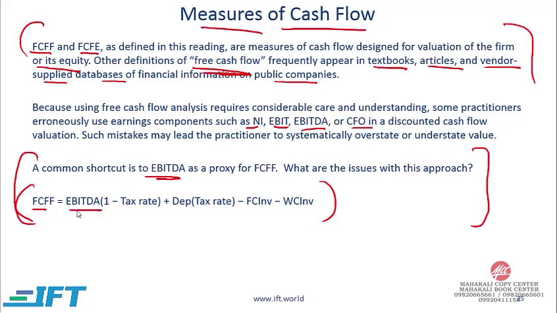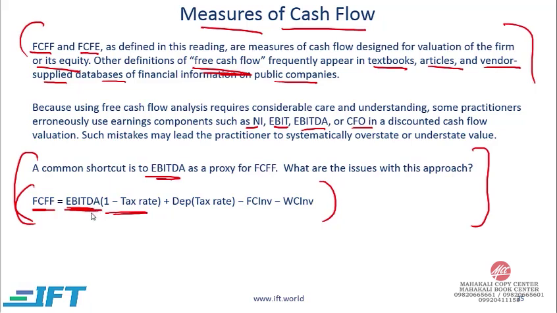So if you are saying that EBITDA is a proxy or an approximation of FCFF, what are the areas that you are missing? Note that EBITDA does not subtract taxes. When you think of FCFF, is that money before taxes or after taxes? It's after taxes, because the shareholders and the bondholders get money after taxes.